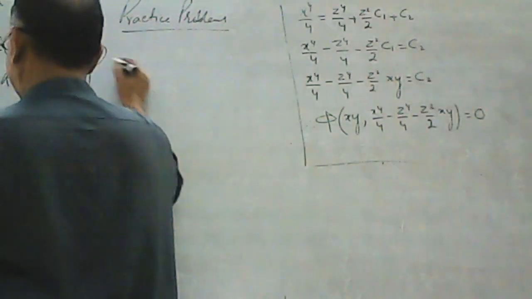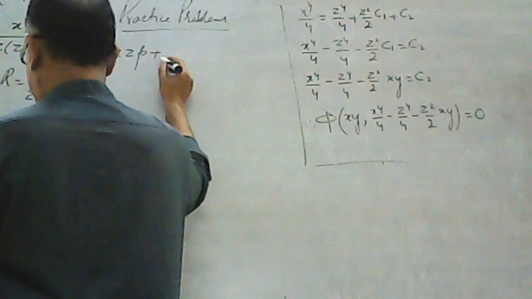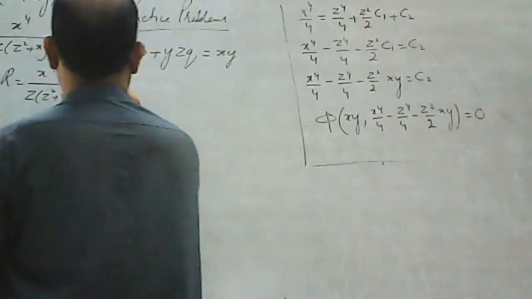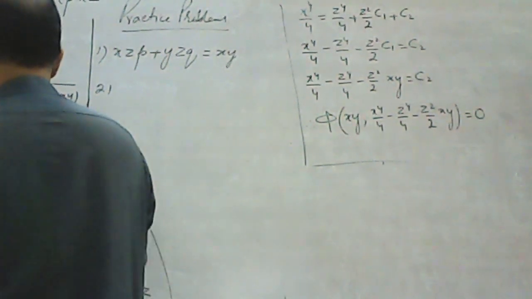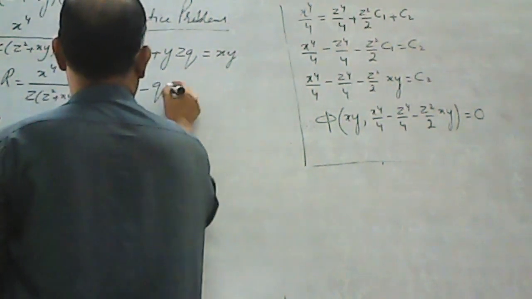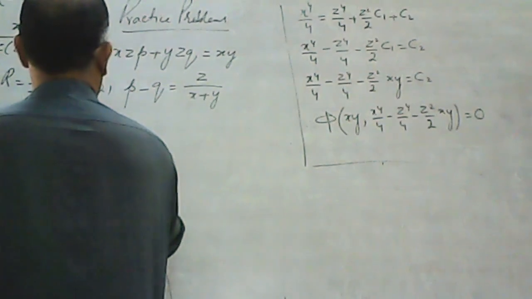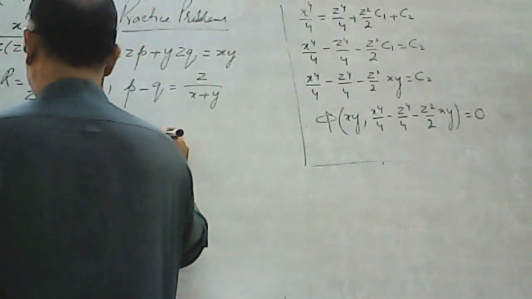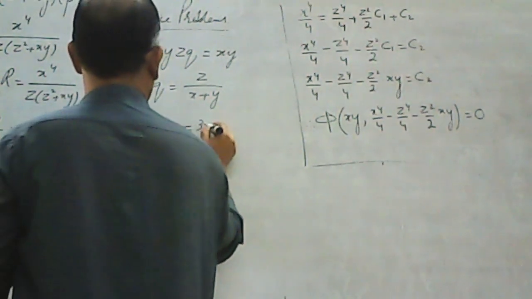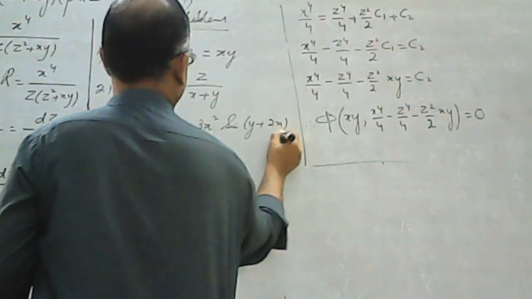Number 1, xzp plus yzq is equal to xy. Number 2, p minus q is equal to z upon x plus y. Number 3, p minus 2q is equal to 3x square into sine y plus 2x.